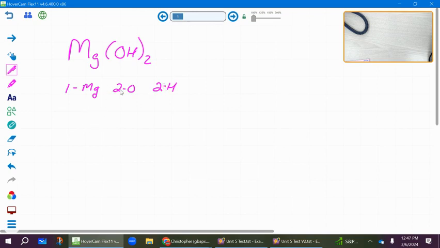Once we know that, in place of the symbol, we put the mass. 1 times 24.31 plus 2 times 16.0 plus 2 times 1.01. These numbers here all came off of the periodic table.